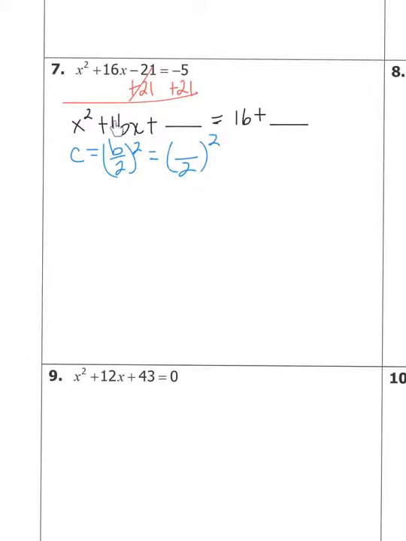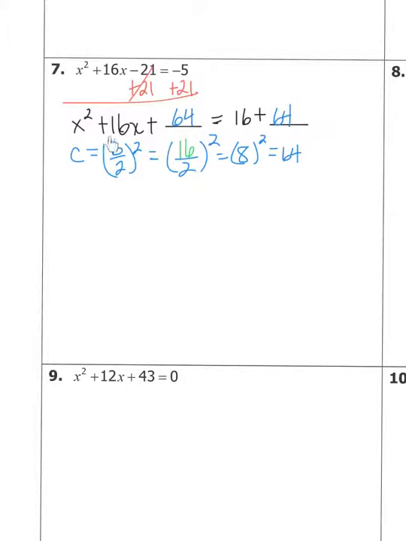And my b is 16, so that's going to go here. So 16 divided by 2 is 8. Squared is 64. So 64 goes on each of your blanks.